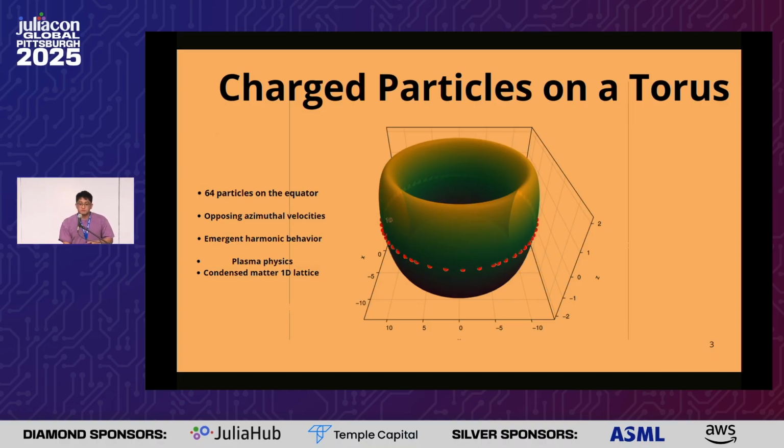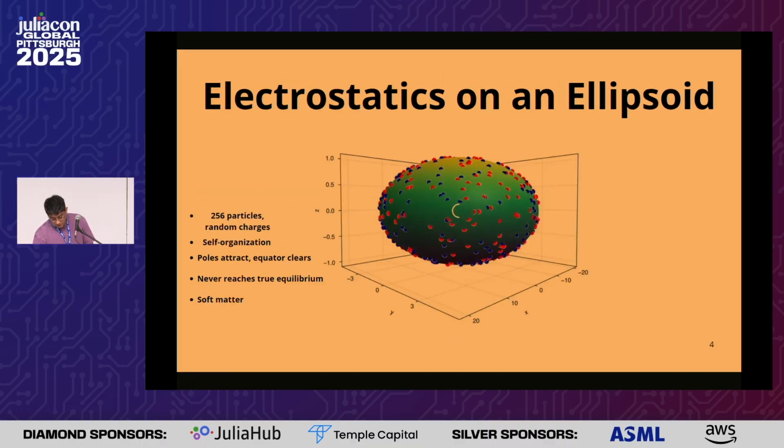In this case, we are just having some kind of equation. Here, you can imagine it could be plasma physics or a condensed matter 1D lattice. Because of the ring you are seeing, this approaches a harmonic oscillator and the normal modes of the torus.